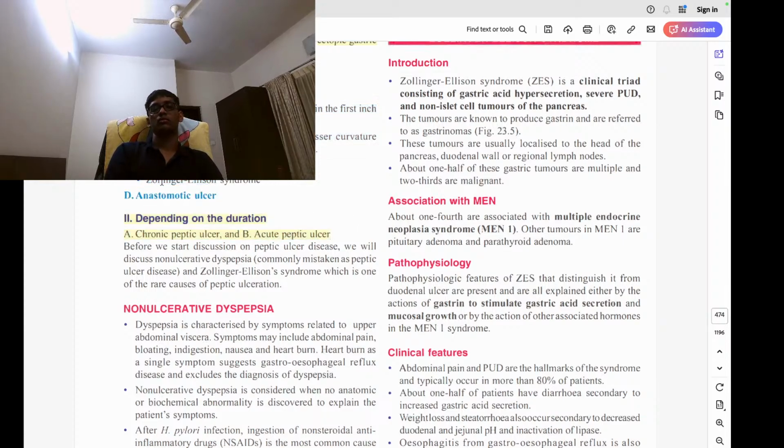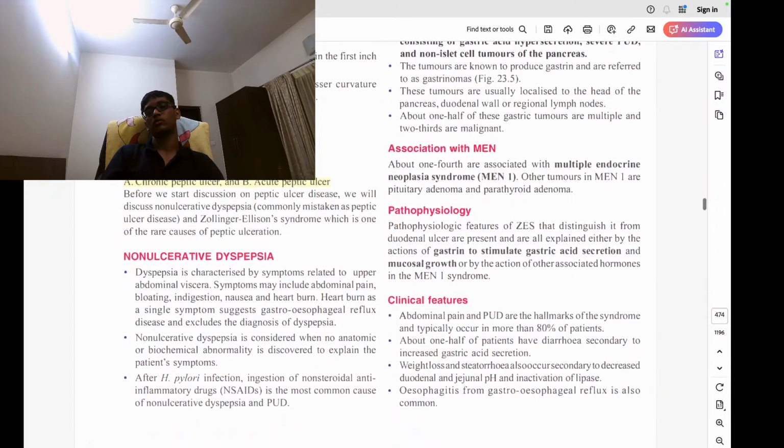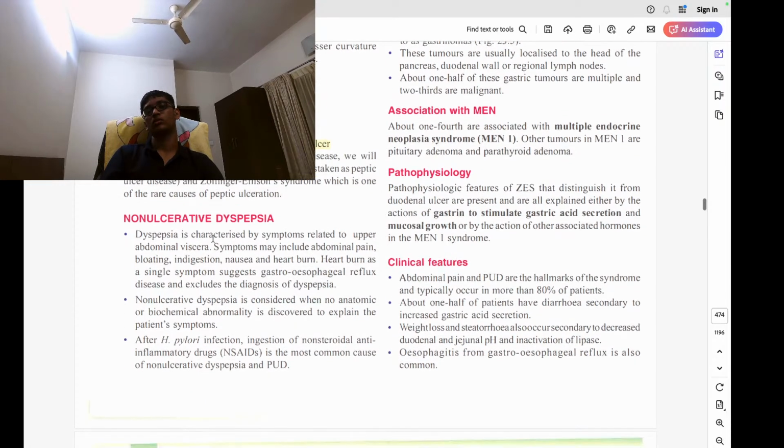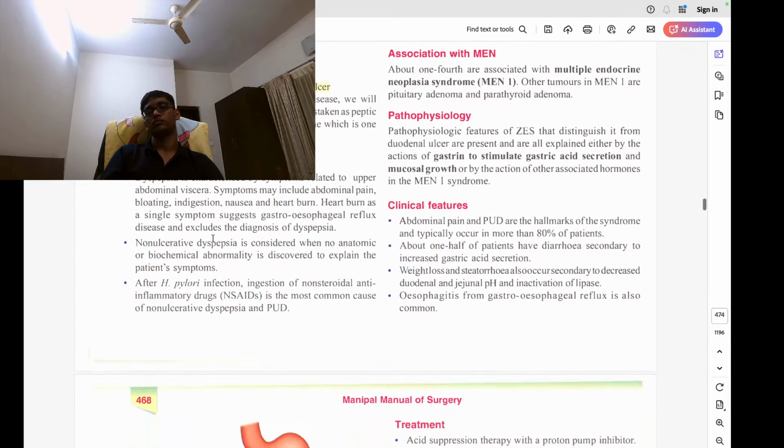There is also combined ulcer, chronic gastric ulcer, and chronic duodenal ulcer. Chronic duodenal ulcer is in the first part of the duodenum. Chronic gastric ulcer is in the lesser curvature adjacent to acid secreting parietal cells. Combined is gastric ulcer type 2.